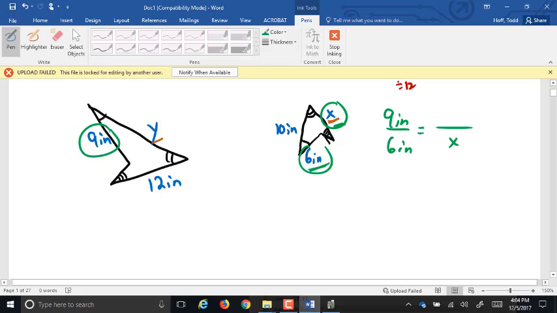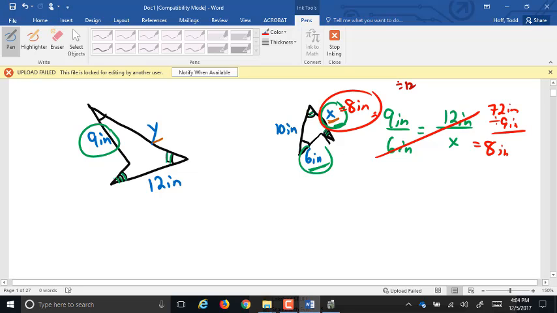Well, it's from the angle with 2 hashes and the angle with 3 hashes. Over here, we got 2 hashes and 3 hashes. The side that's between them is the 12 inches. That's its corresponding side. Cross multiply and divide. 6 times 12 is 72. Divided by 9 is 8 inches. So X is 8 inches.